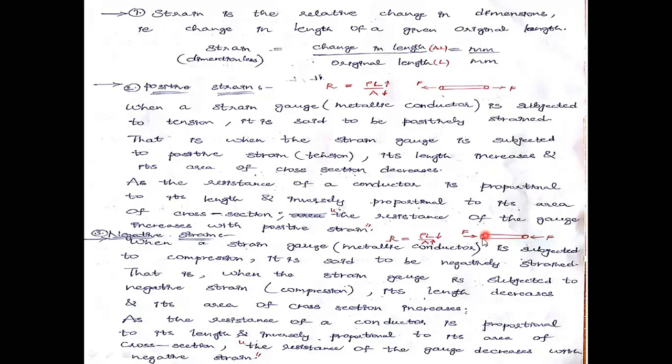The length decreases, whereas the cross sectional area increases. The same concept is applied, but length decreases and area increases. That is known as negative strain.